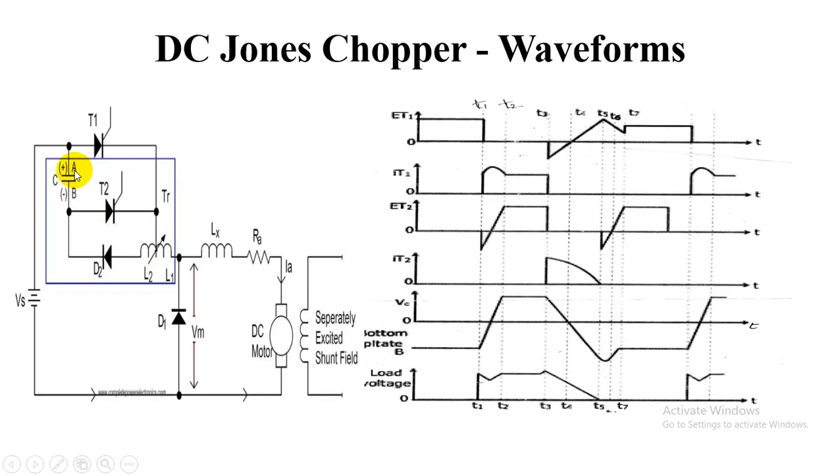And this reverse polarity that we have on the capacitor is going to be discharged through T2, then back to the source, having a closed path like this. The discharging path of the capacitor through T2 will take place like this: C, T2, L1, LX, RA, DC motor, and back to the source and to the C, till the capacitor discharges.